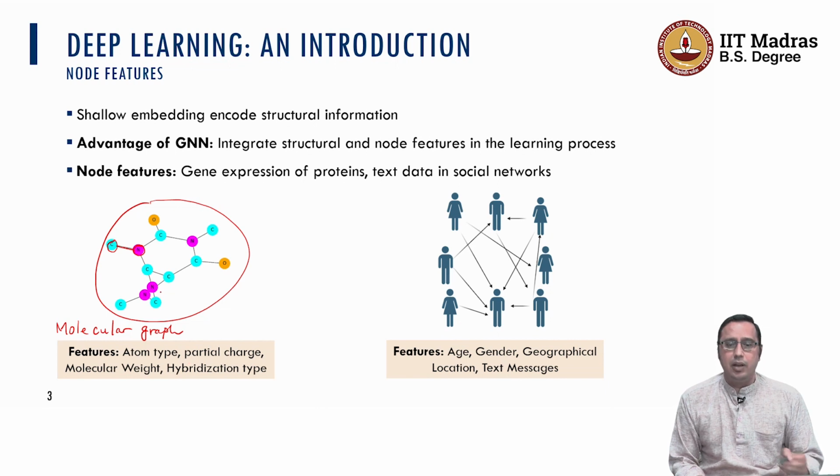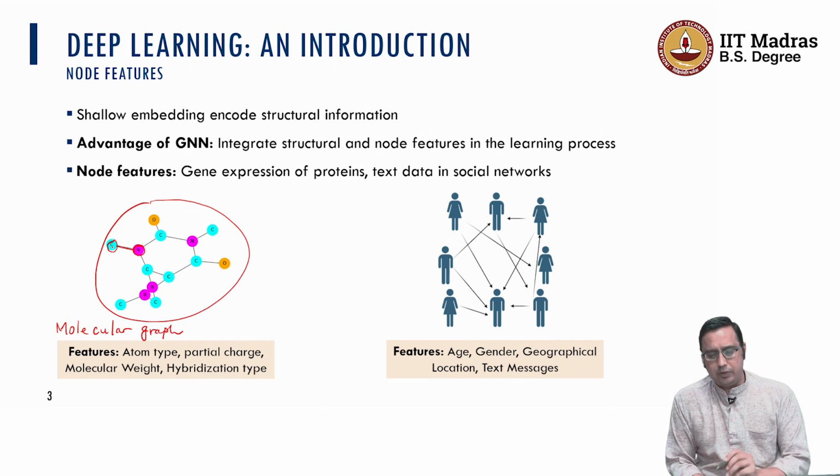Similarly, N has a different partial charge, hybridization type, atom type. Similarly, O has that. Correct? Now, this information has not been used during the node embedding that we have seen so far during the course.